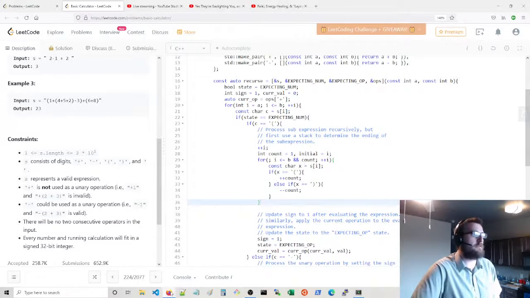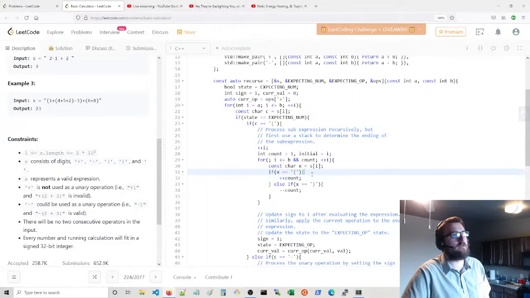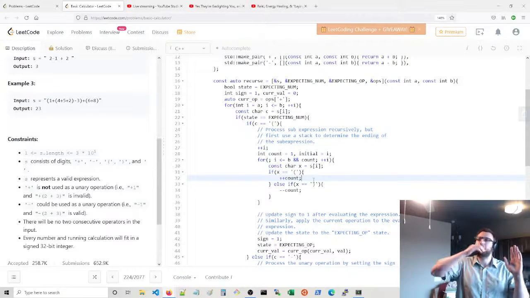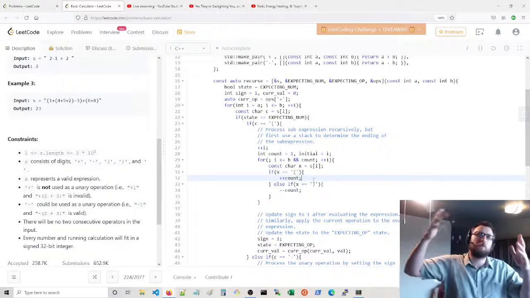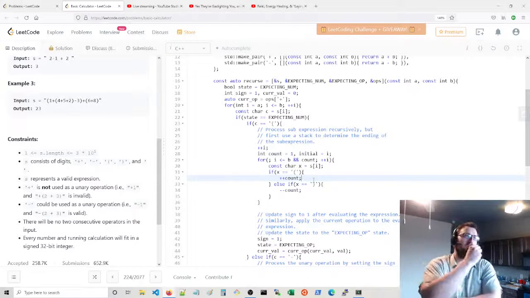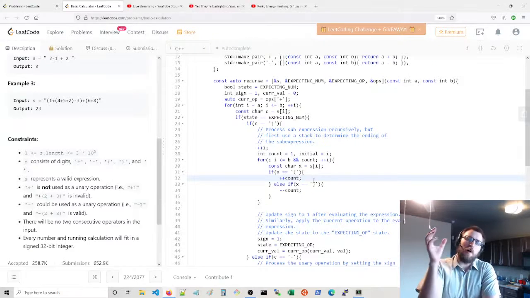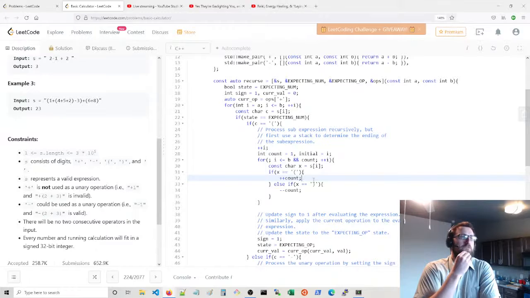So what's going to happen is we're going to move i through these nested parentheses, one nest at a time, and i is going to move past the nest when we're done. Each time you see an opening parenthesis, you increment the count, and when you see a closing parenthesis, you decrement the count. So the next character could be a closing parenthesis, and immediately this closes and ends the loop.